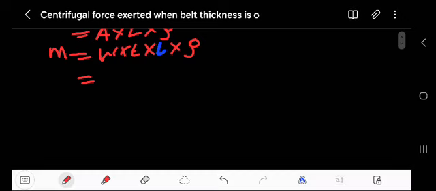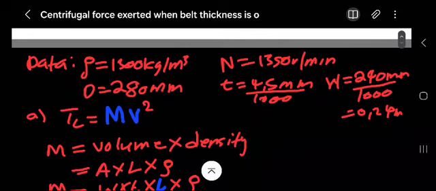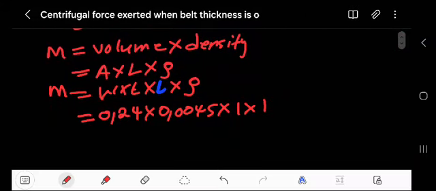So the width is 0.24, the thickness is 0.0045, multiplied by 1 for the length, multiplied by the density 1300. You punch that on the calculator to get the mass.